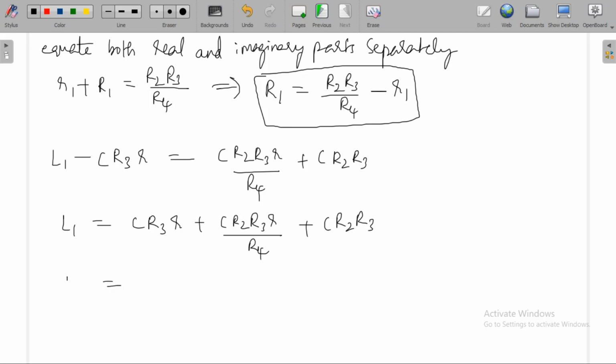Now this will be L1 is equal to C into R3 by R4 into R into R4 plus R2, plus R2 R4.